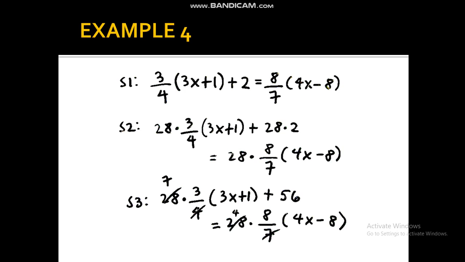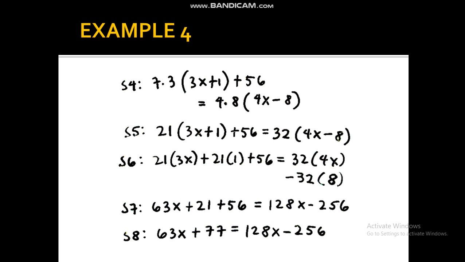But before that, we have the step 3. We cancel the common factors in the numerators and the denominators. Step 4, what remains after the cancellation of common factors are being multiplied to the nearby algebraic expressions.